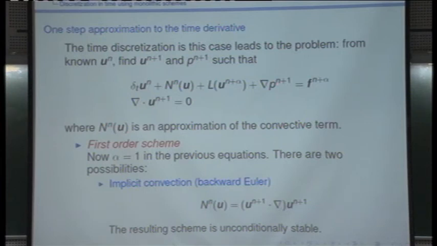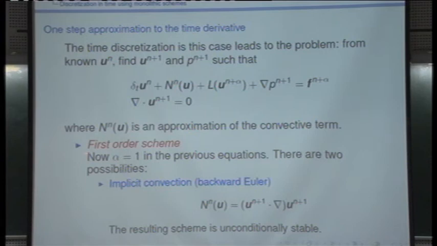Okay. So this is u^(n+alpha), this is clear, but what about the convective term? For a first order scheme, if we only want to be first order in time, what does it mean? It means that the difference between the solution and the exact solution is bounded by delta t, the time step size, just delta t, not delta t squared.